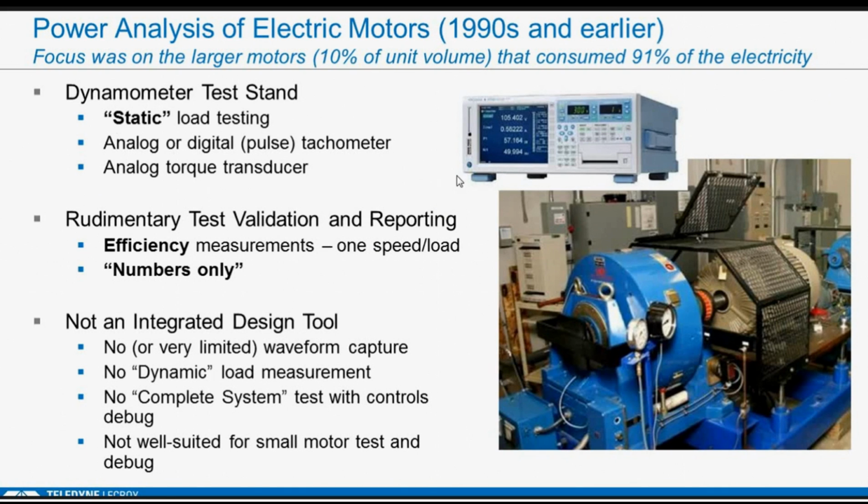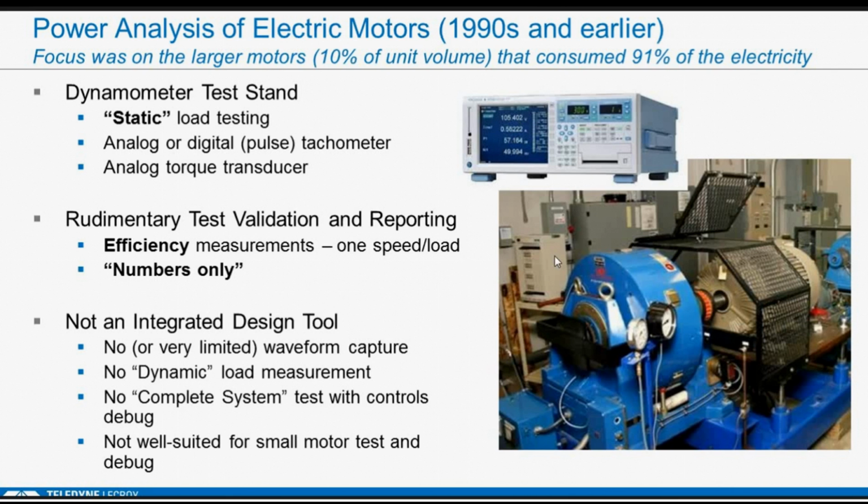So historically, companies that made electric motors would report on their efficiency. They would have a dynamometer stand to provide a load. They'd run the load in many different, what I'd call static test configurations, a certain torque or a speed and load percentage on the motor, and they would create a report. And so they would use a power analyzer to do that. The power analyzer would essentially return numbers and calculate.